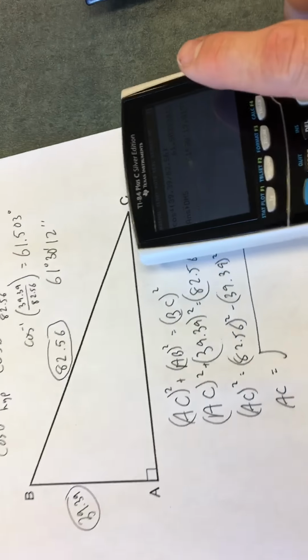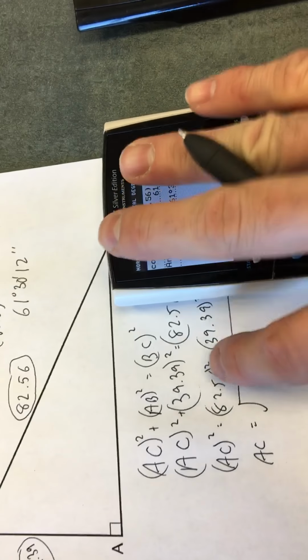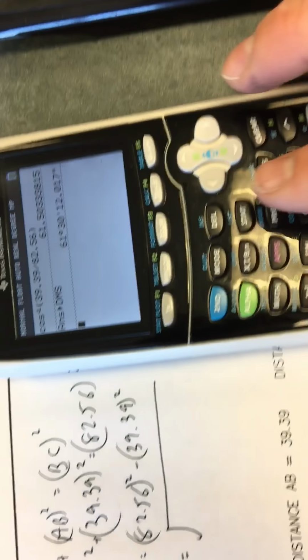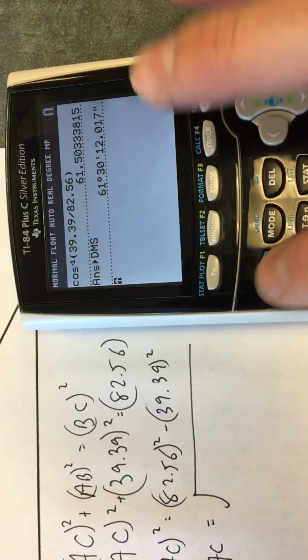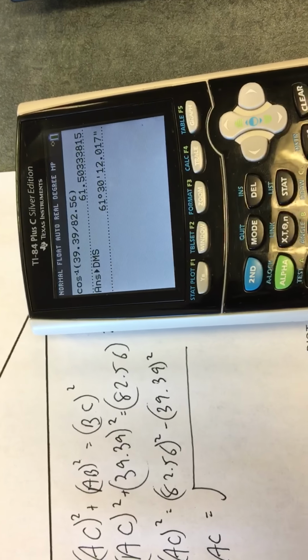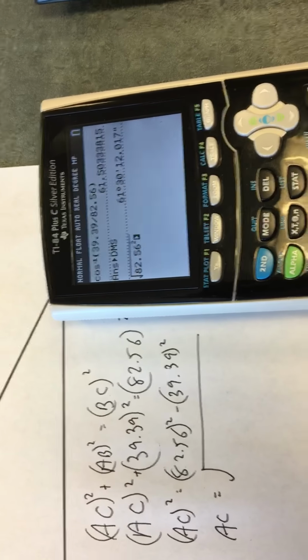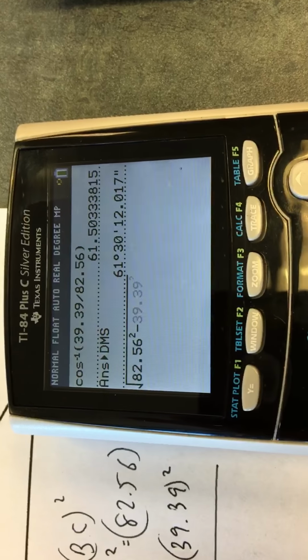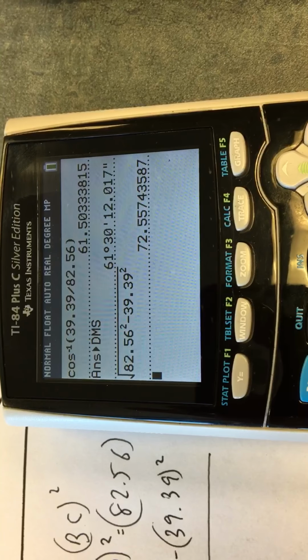So I'm going to go ahead and use my calculator. Nothing's rounded. This is all the numbers that were given. So I'm just going to go square root of 82.56 squared minus 39.39 squared. I hit enter on my calculator. There's the 72.557.